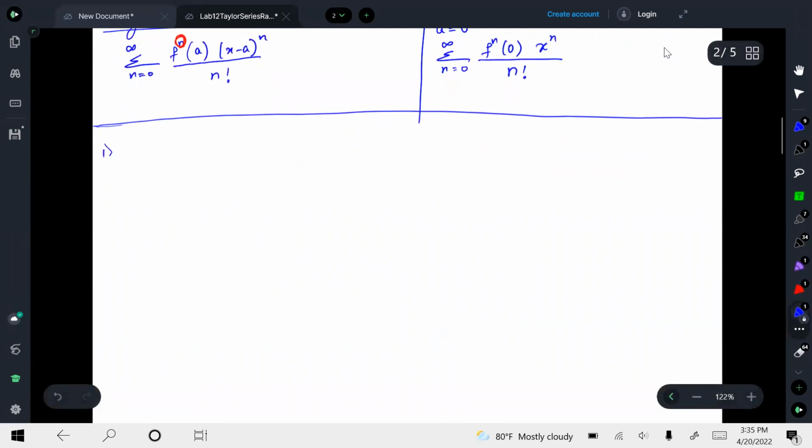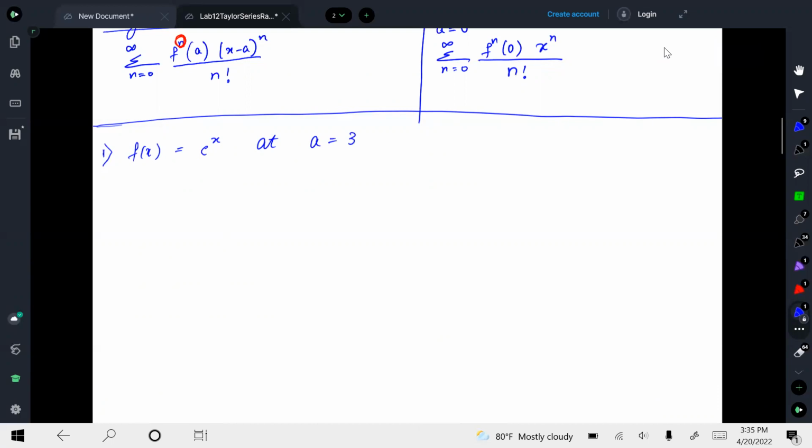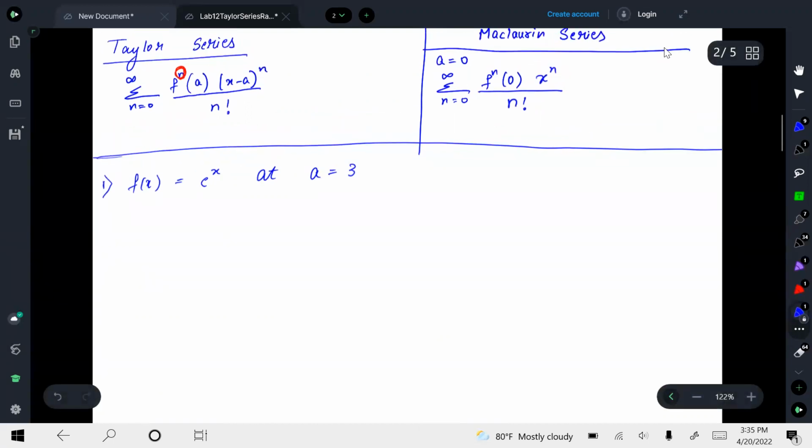Let us start with example number 1, f of x equal to e to the power of x, and you need to find the Taylor series at a point a equal to 3. Now using the formula given here, we have summation n equal to 0 to infinity, nth derivative at point a, x minus a to the power of n divided by n factorial.